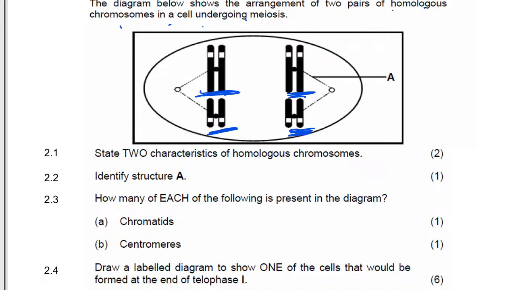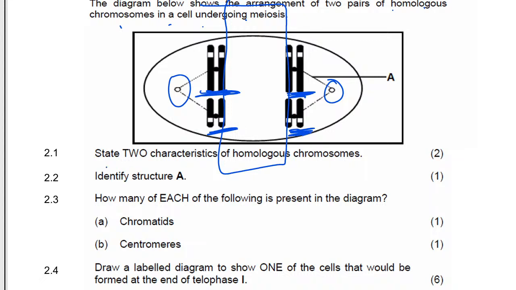But now the question is asked, which phase is this? Anaphase, because there is a space in between. Centrioles are on that side. So it means that is anaphase, but because they are homologous chromosomes, it's going to be anaphase 1, because we only find this in meiosis 1. So it's anaphase 1.